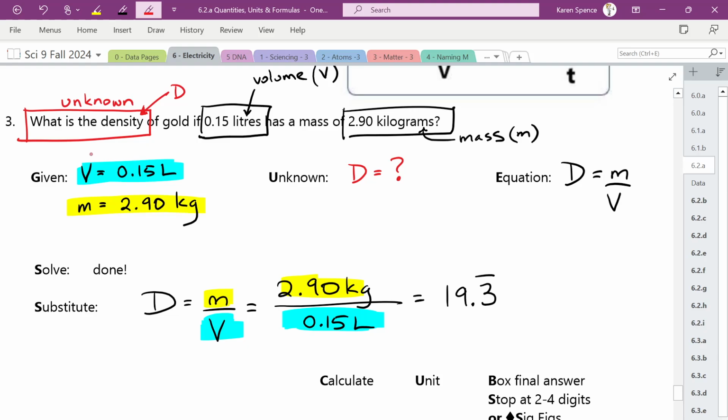Once you're done, you can check. I'm going to put little check marks beside everything you get a mark for.